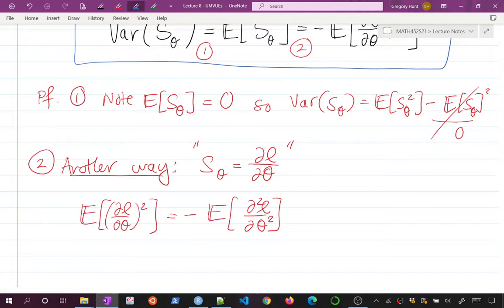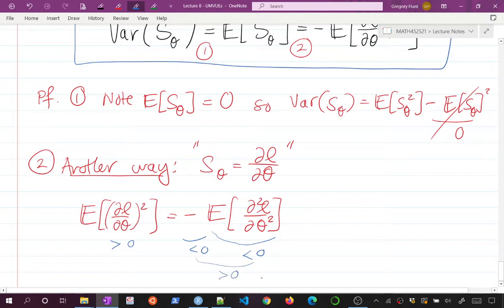Notice again that this thing is bigger than 0. Right, this expectation of something squared. This thing we generally expect to be negative, but then we have a negative sign, so negative, negative gives us positive again, so the signs are all matched up.